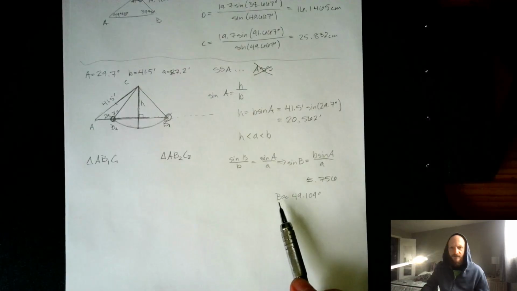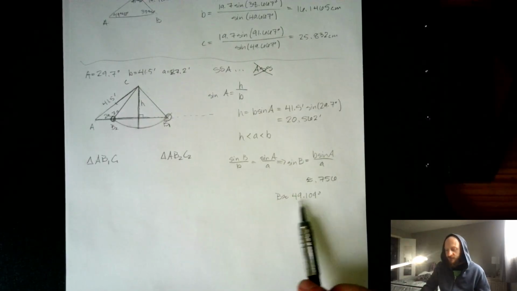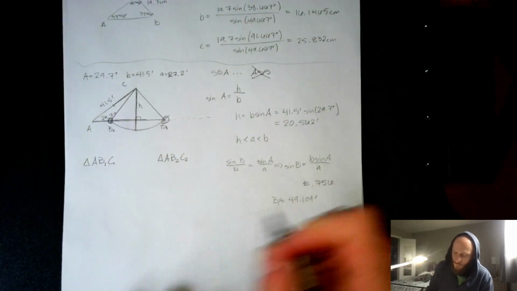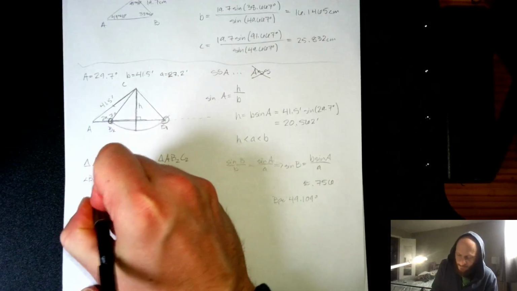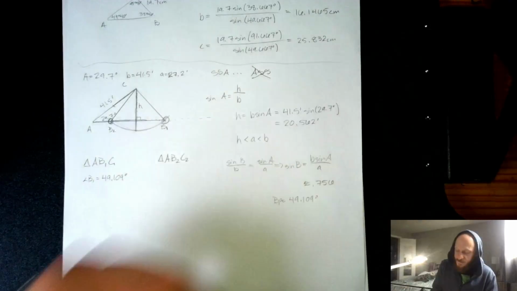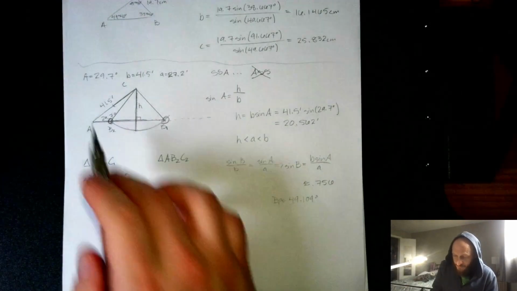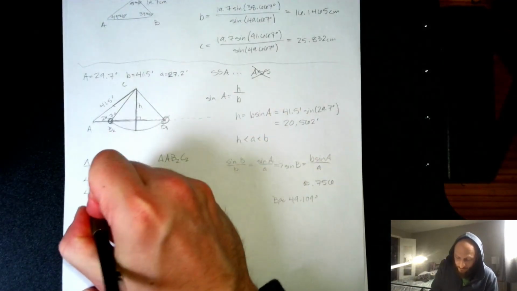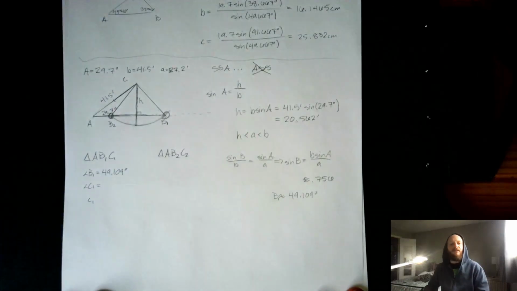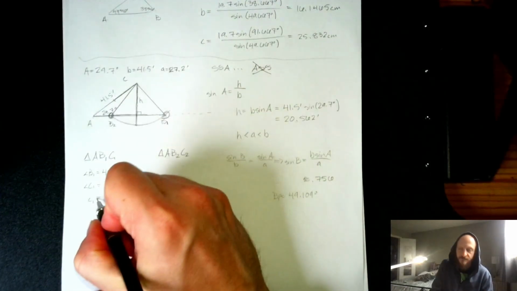We need to decide, is this B1 or is this B2? Well, it's acute, so it must be B1. So angle B1 is 49.109 degrees. On top of that, I need angle C1, and then I need side C, technically side C1 to be very precise.